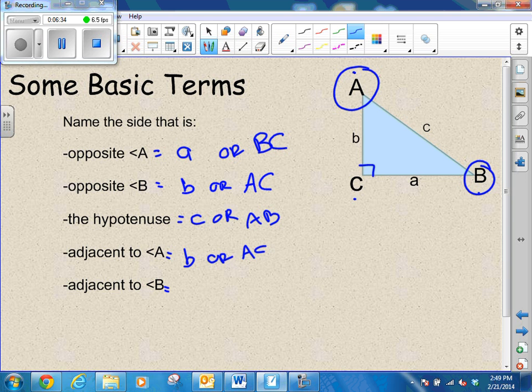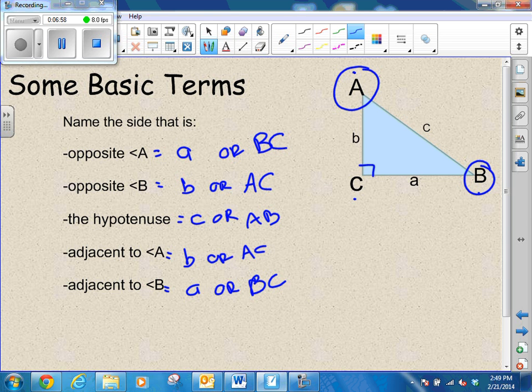And then the side that I am touching, little a, or BC, I'll just say. Now, the other thing to pay attention to, I will never go to my right angle and ask what's opposite it. That's a hypotenuse.